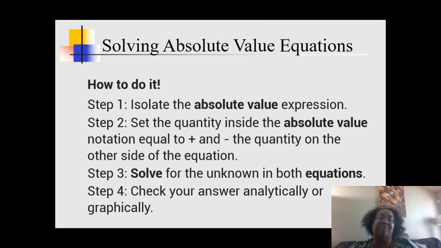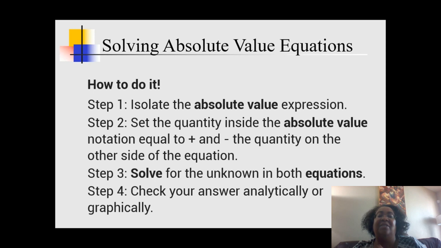Now, there are some steps that you need to keep in mind when you have absolute value expressions that you need to evaluate, not through substitution, but actually discovering what the answer to the absolute value would be. One thing you have to keep in mind is the absolute value as its own expression needs to be isolated by itself on one side of the equation, very similar to what we do with variables.